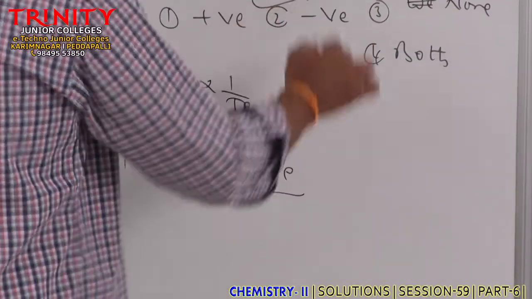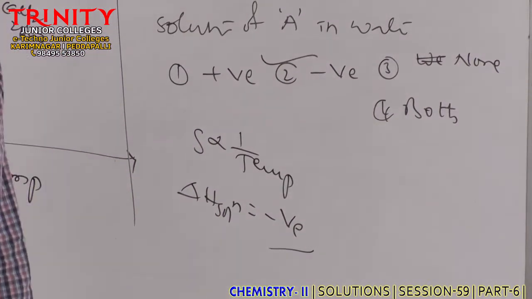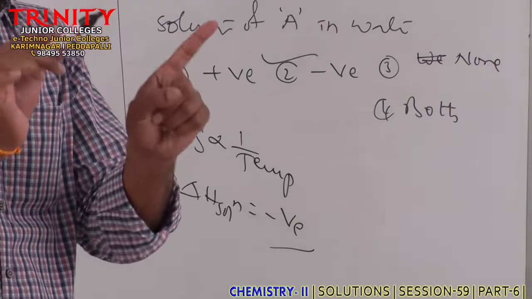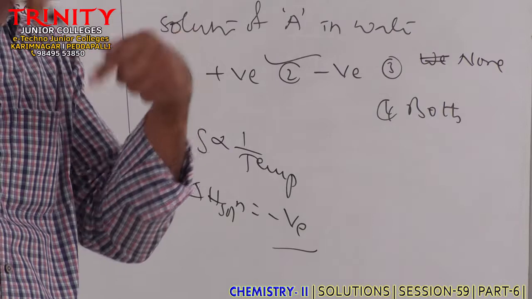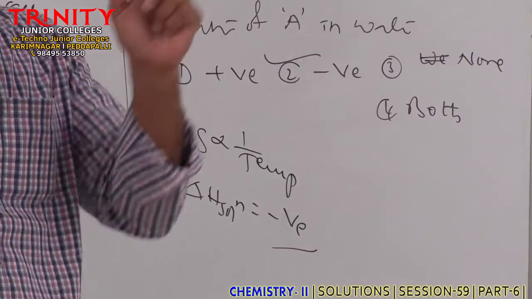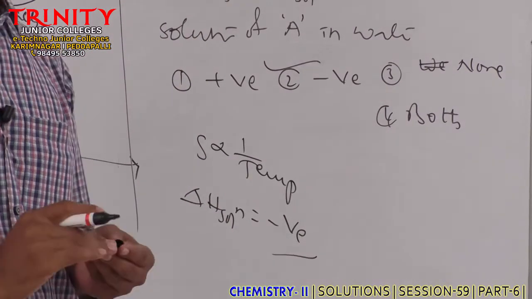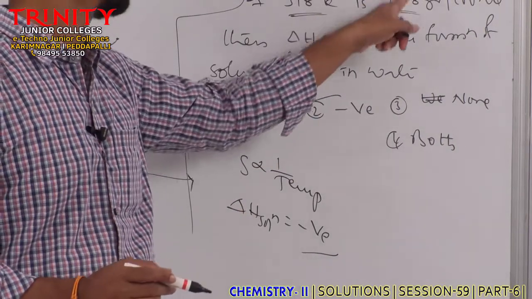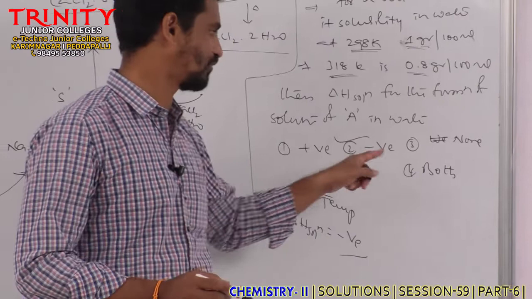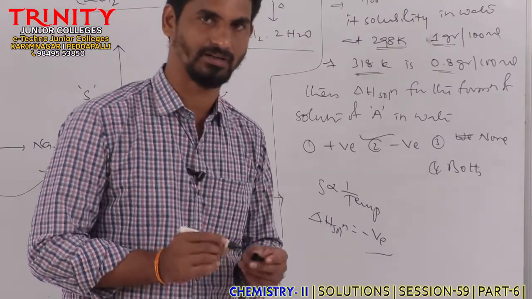So the second option is the right answer. Is it clear? For a solid substance for which the delta H of solution is negative, in those cases solubility is inversely proportional to temperature. When temperature increases, solubility decreases, meaning delta H of solution is negative. Clear? Next.